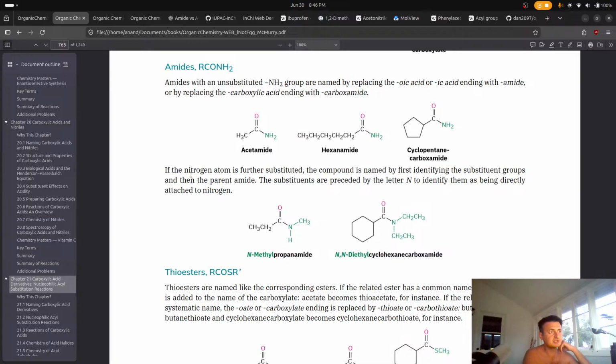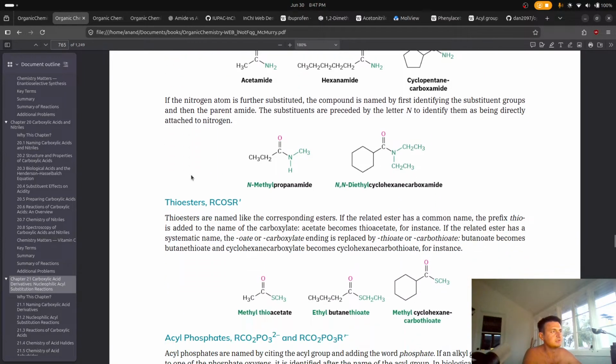The substituents are preceded by the letter N to identify them as being directly attached to the nitrogen. So N-methylpropanamide, propanoic, propanamide, N-methylpropanamide. Okay.